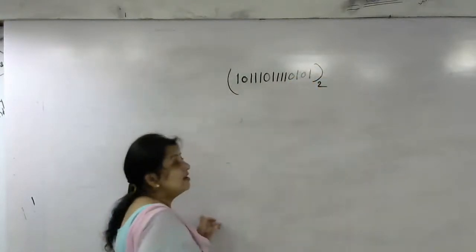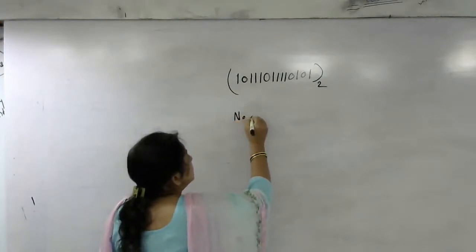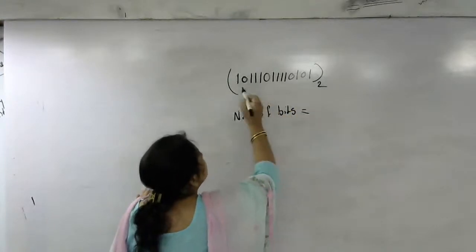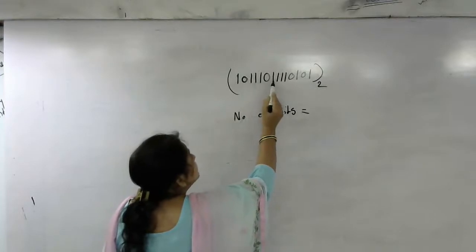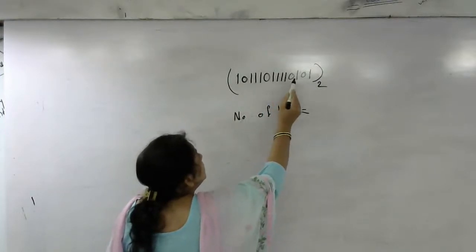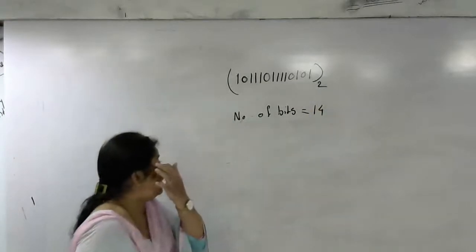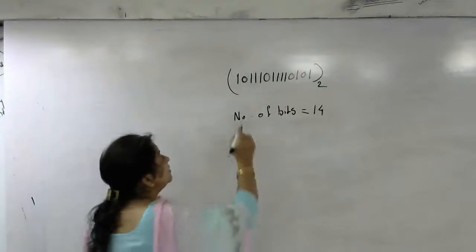Find out the number of bits. How many number of bits are there? Number of bits is equal to, count that bits, 1, 2, 3, 4, 5, 6, 7, 8, 9, 10, 11, 12, 13, 14. That number having 14 bits. What is the MSB number?